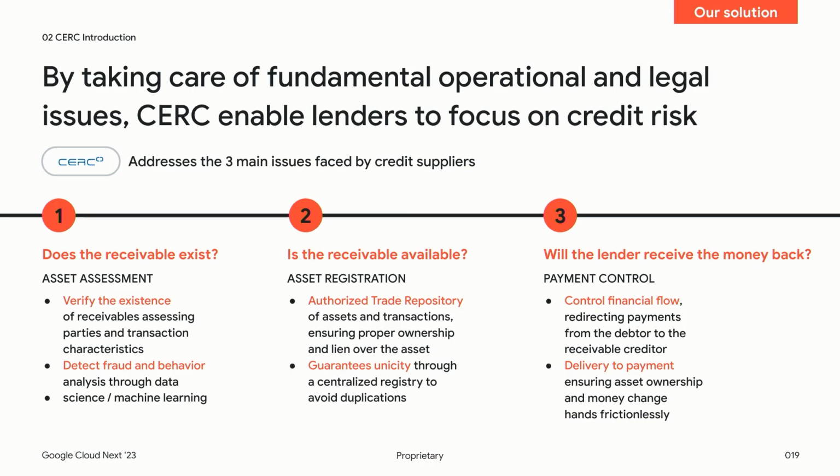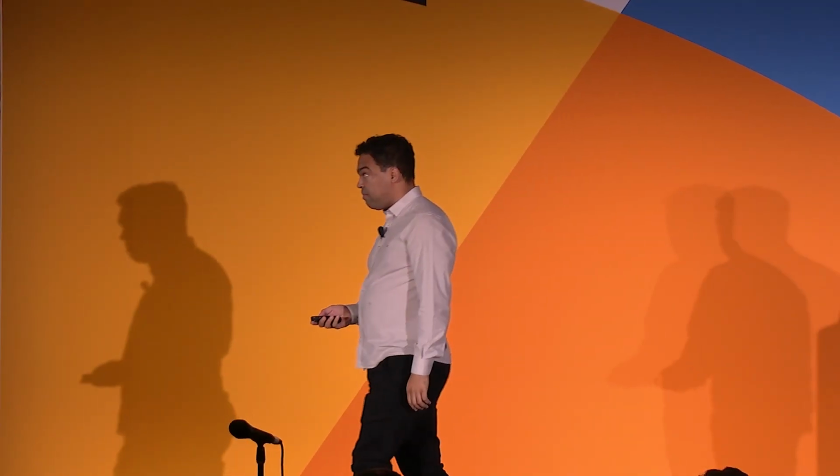And the last part: we have an engine that controls the entire receivable life cycle, but the most important part is related to the money, whether the money will go back to the lender. This part is important because everybody who lends money expects to receive the money back. So with this, we help them reduce the risk of the operation.